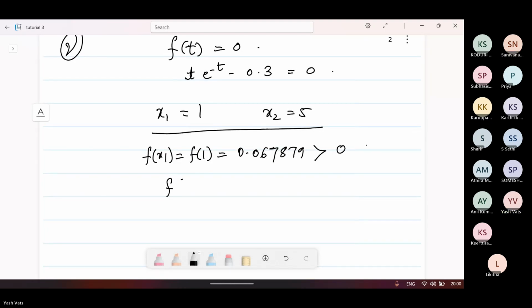And what about f of 5? What is this value? Solve it.